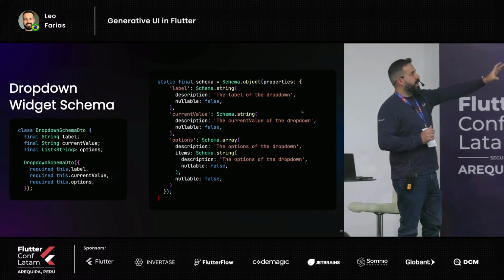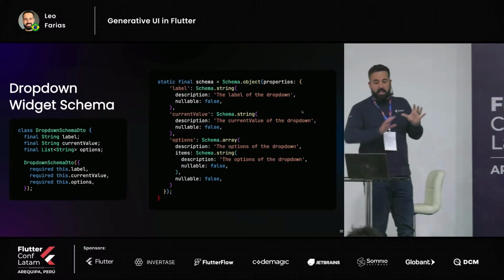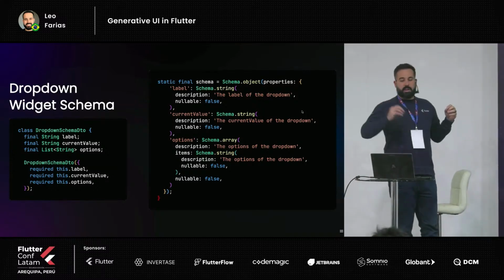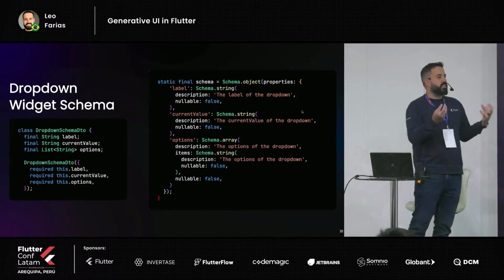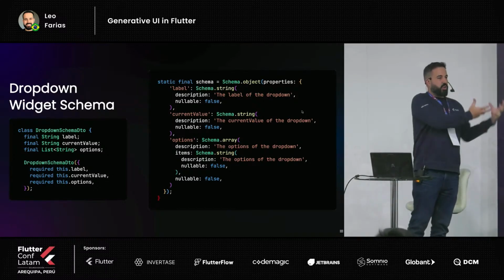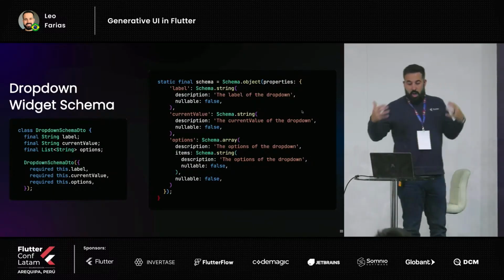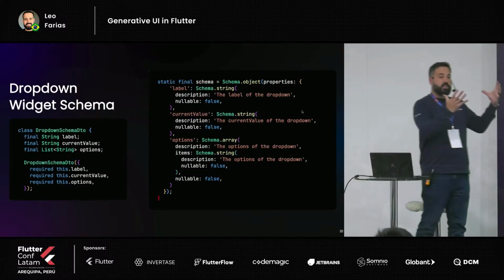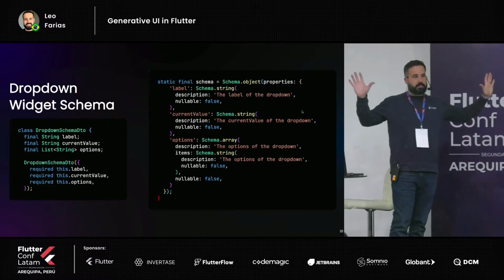And now I went ahead and I defined the schema. One thing you're going to notice is that it's generic. There's no business logic to it. It's not saying that this is this type of drop-down. All I'm saying is that there's a label for the drop-down, there's the options of the drop-down, and there's the current value of the drop-down. But for the LLM, all it is is a drop-down.